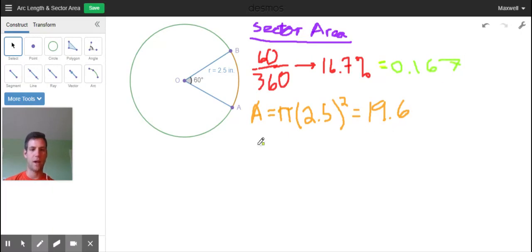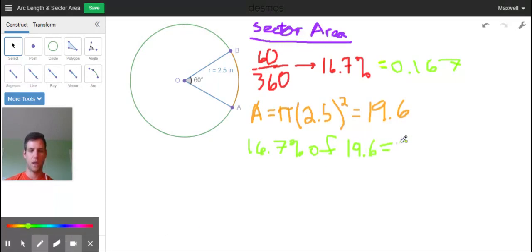And then I can find 16.7% of 19.6, and that would give me the area of my sector. And that would equal about 3.3 inches squared for the area of this little pie slice sector.